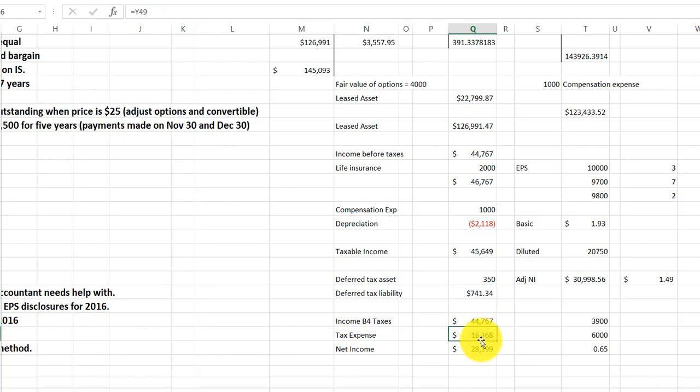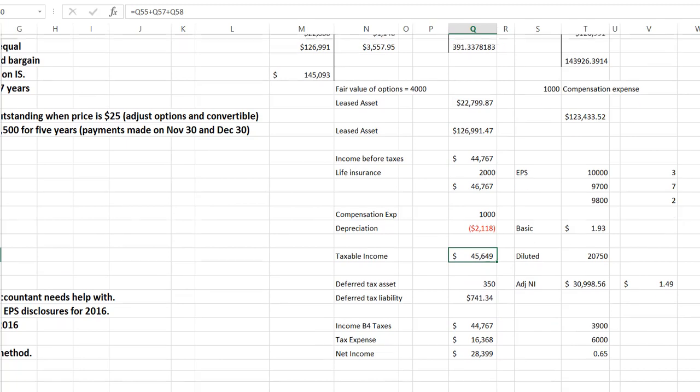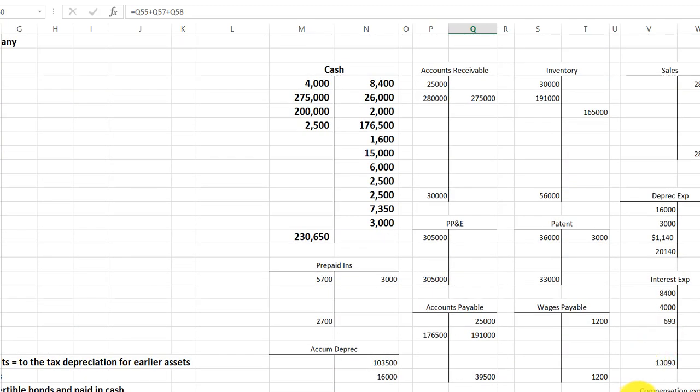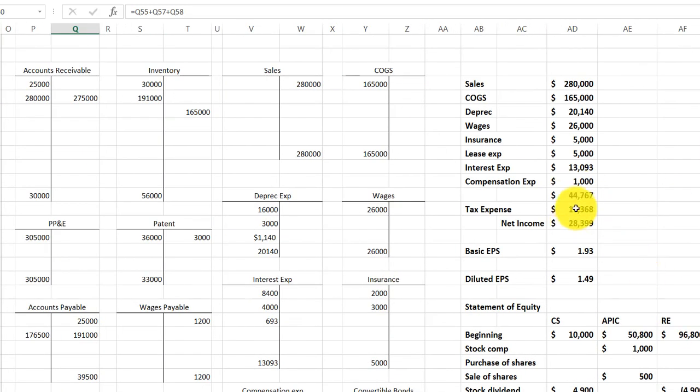So that leaves us with our tax expense as $16,368. Remember, the taxable income times the tax rate is where we start, and then we adjust for these two, as we learned before. So that number transfers back up to our regular income statement, $16,368.